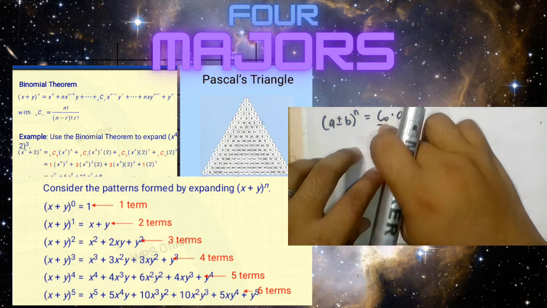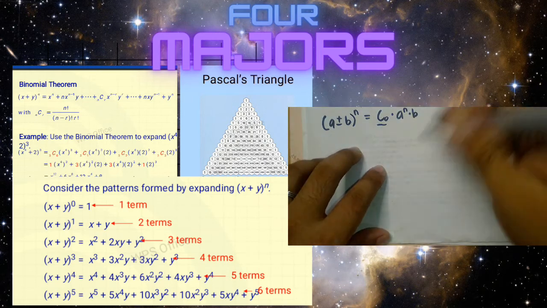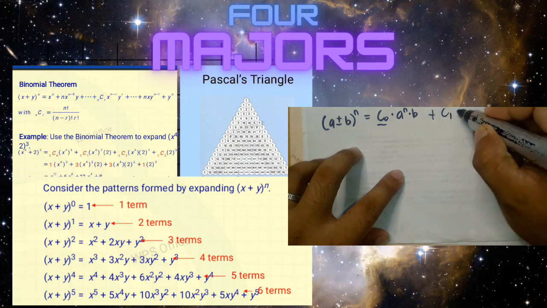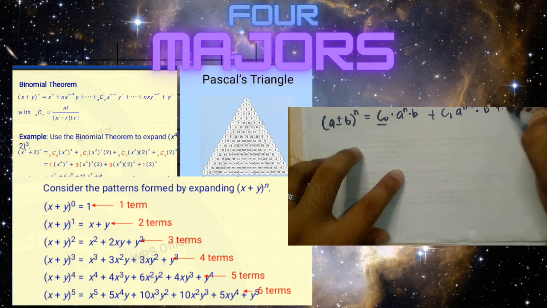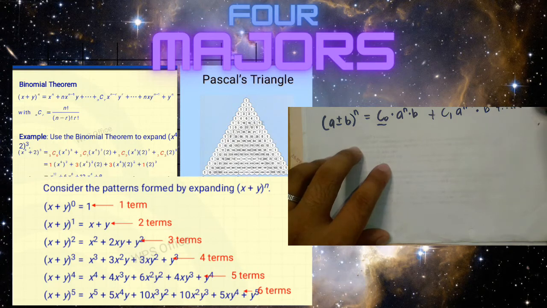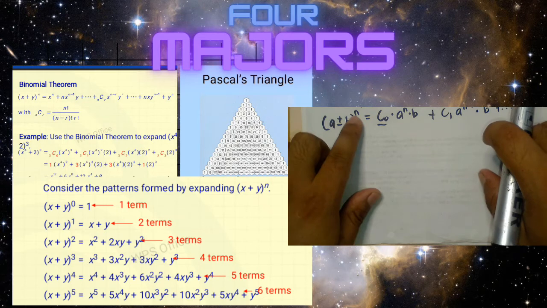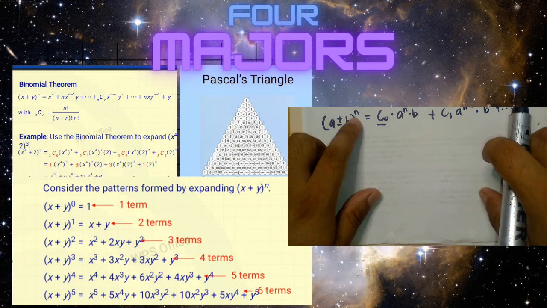Okay, but actually there is another computation for this. Okay, I will show it in a separate video. And then C sub 1 times a to the n minus 1 times b to the 1, plus several terms. So there are so many terms based on n, because the number of terms is n plus 1.